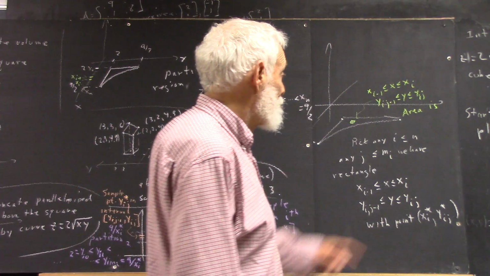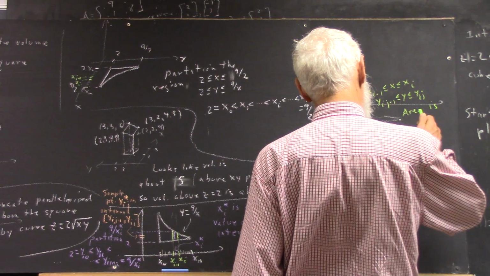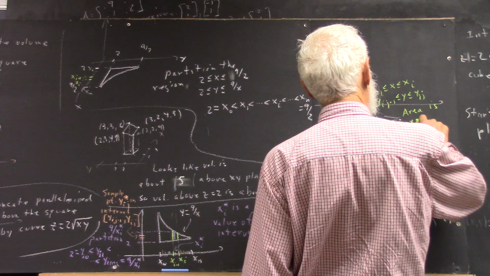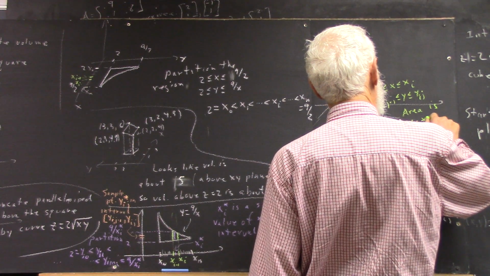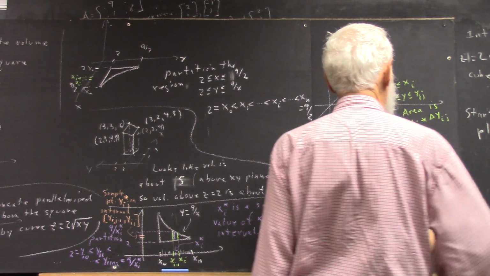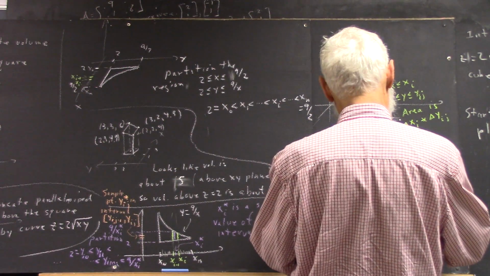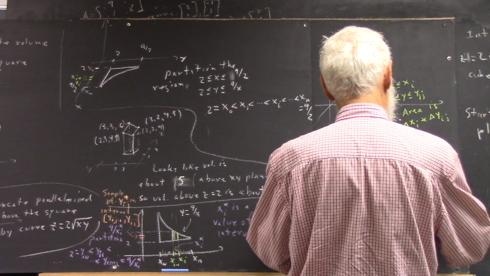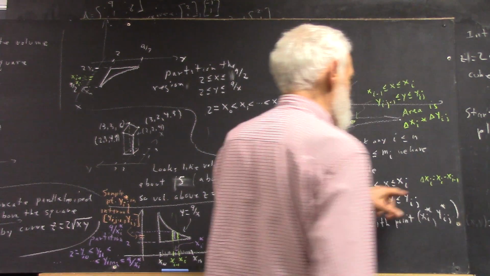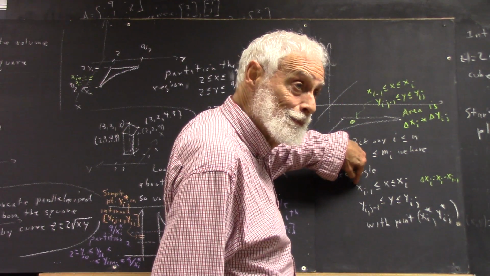Okay? So the area is what? I'm going to call it delta x sub i times delta y sub ij. Okay? And down here I'll just say that delta x sub i is just the width of this interval. It just goes from here to here, so it's this minus this.